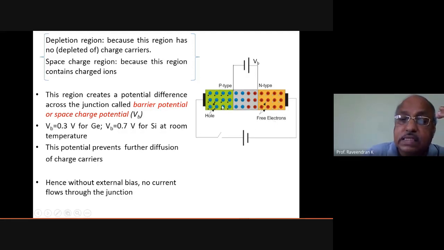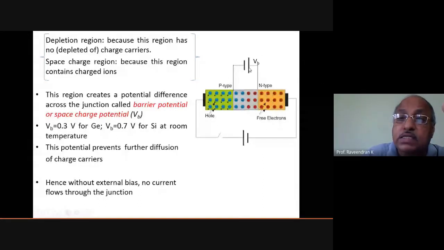If it is a germanium material, the space charge potential arising by joining the PN junction is 0.3 volt. If you connect an external voltage and the switch is closed, this external voltage E can send a current through by opposing this space charge potential, by overcoming this barrier potential.